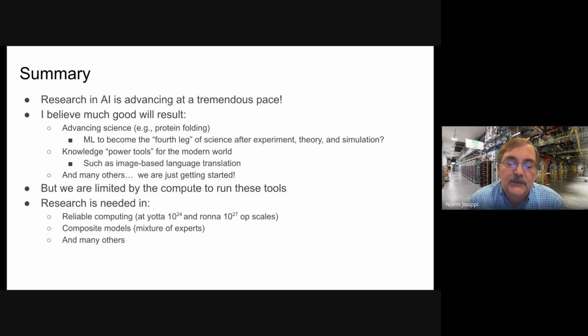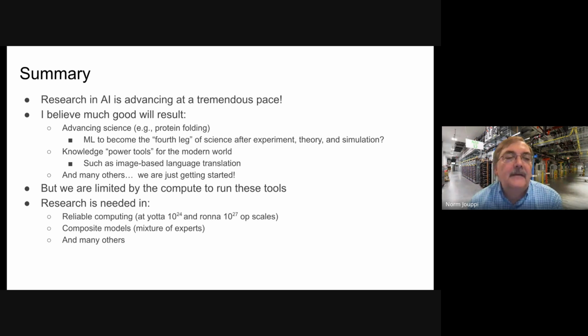So, for example, there was the protein folding by Google DeepMind. There are power tools for the modern world, like image-based language translation. When my family and I went to Japan 2 years ago, we held up our phones with Google Lens, and it would immediately translate the Japanese signs to English for us. So we didn't get lost too often.